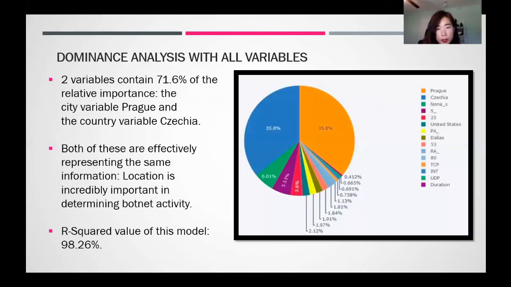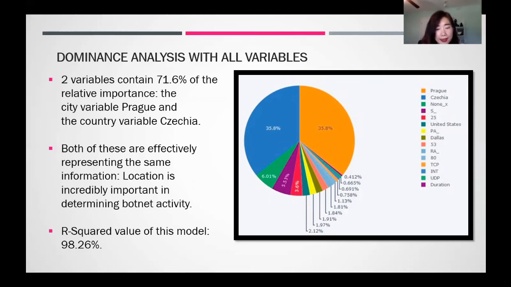So here's the dominance analysis. This is one of the graphs that the dominance analysis library produced. With all the variables from the clean data set, the city location of Prague and the country location of Czechia, representing the Czech Republic, together contain approximately 76% of the relative importance of all variables.